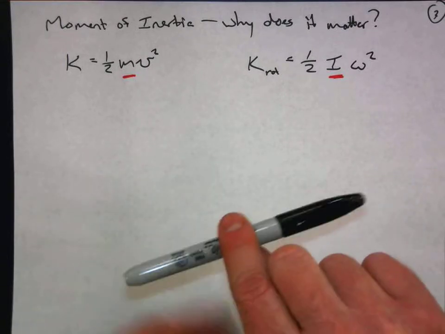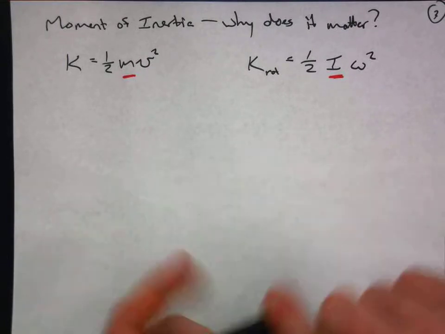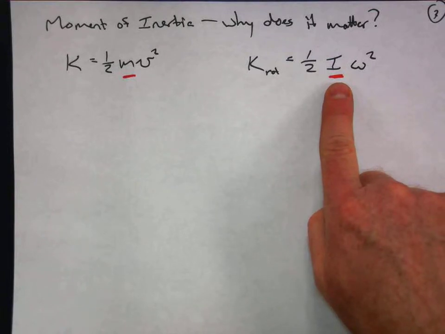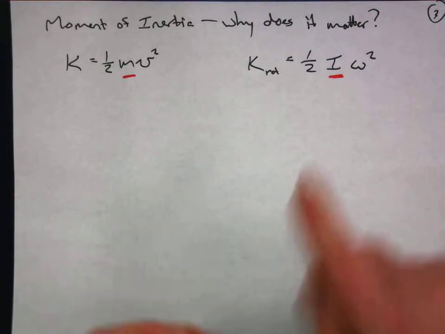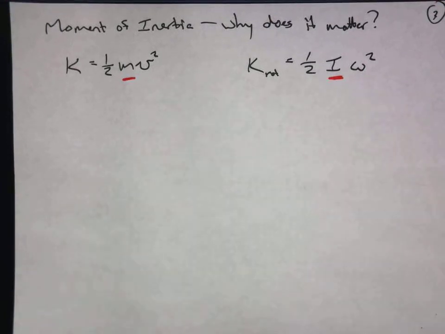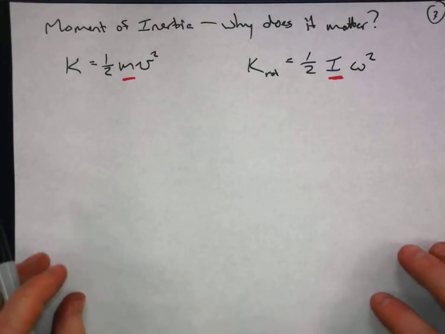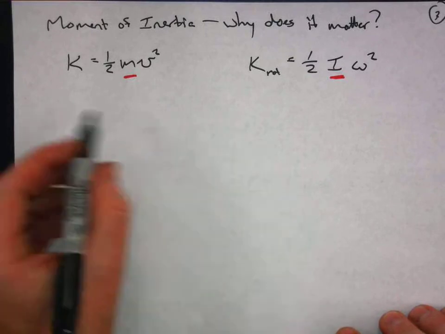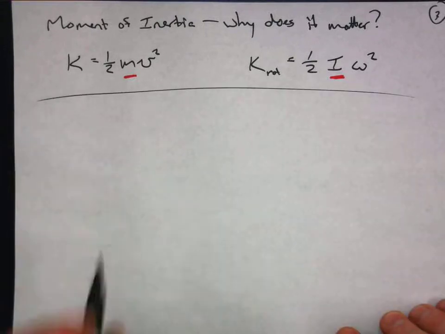By moving where you're holding it, you are actually changing the moment of inertia of that object. And you'll notice it's harder to do that. With a larger moment of inertia, it's harder to change its motion. It's harder to change its angular velocity. Now, let's get to how this applies to conservation of energy.